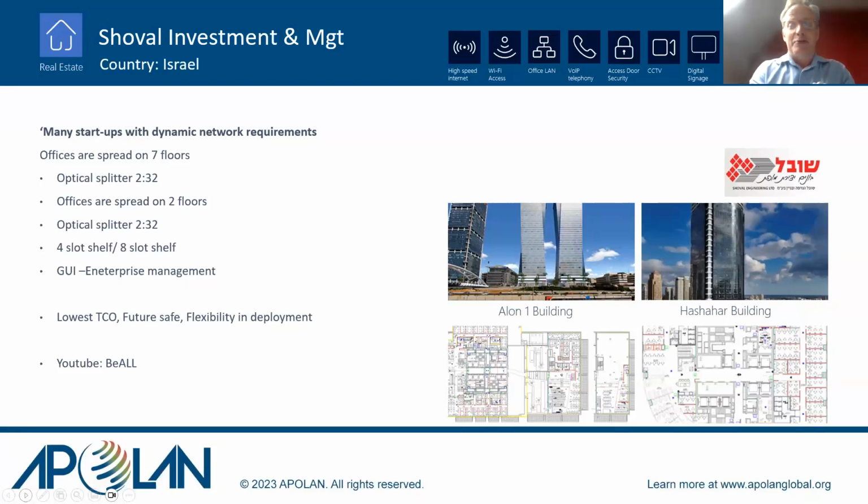And startups, as you might know, they can grow or they can shrink or they can disappear or they can be successful and grow. And as such, network resources need to be flexibly allocated to parts of that building, of that office environment. So the flexibility that you have in an optical LAN environment by allocating resources to certain entities was very appealing, on top of the lower TCO that an optical LAN solution brings.